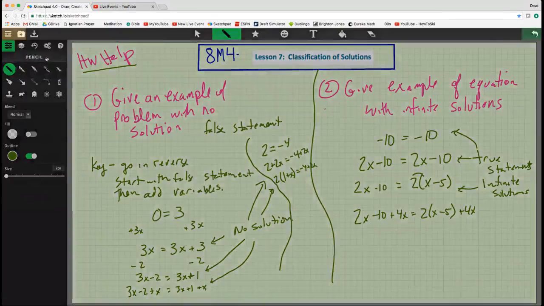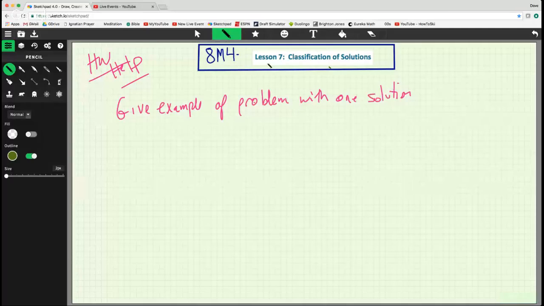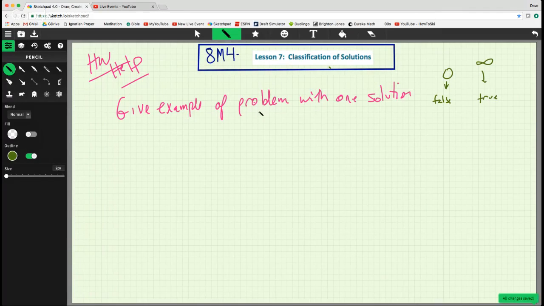And the last thing we're going to do is create a problem with one solution. What would you start with? To do a problem with zero solutions, you start with a false statement. Infinite, you start with a true statement. But with one solution, you start with a variable equals a number.